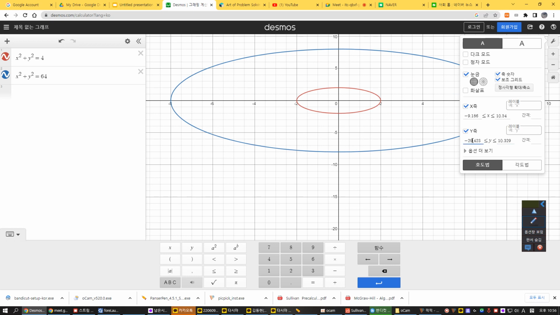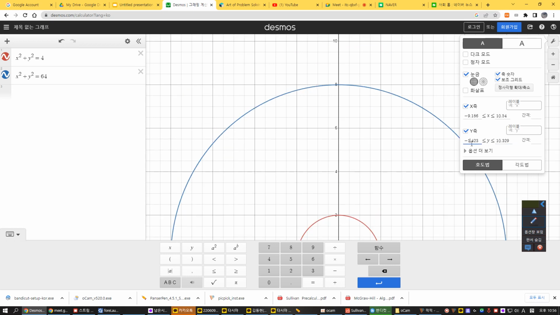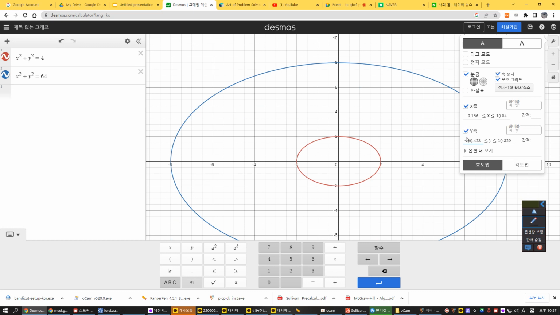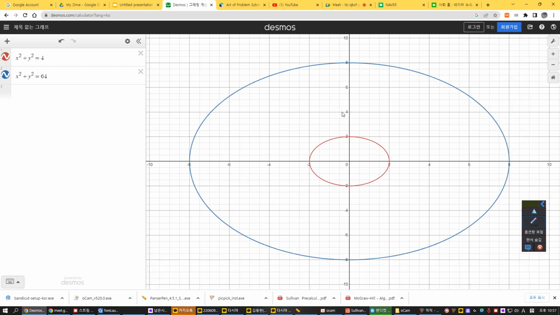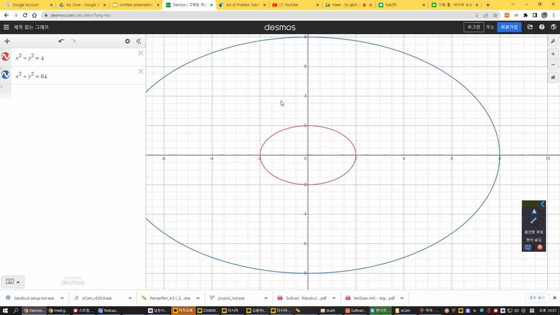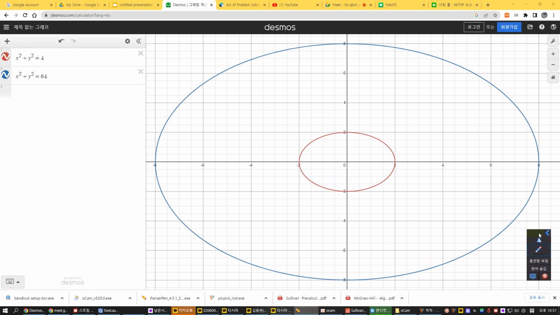It looks like an ellipse, but it's a circle.